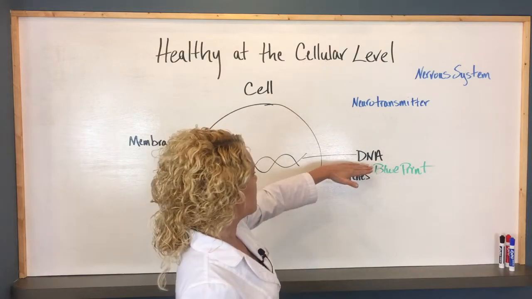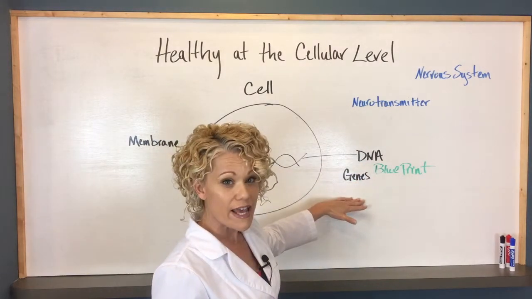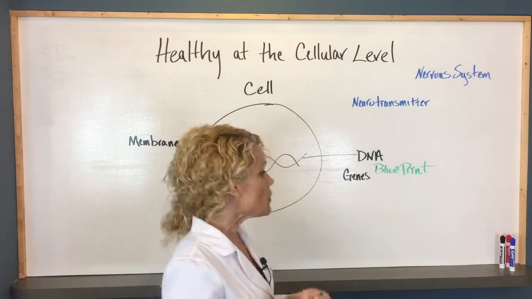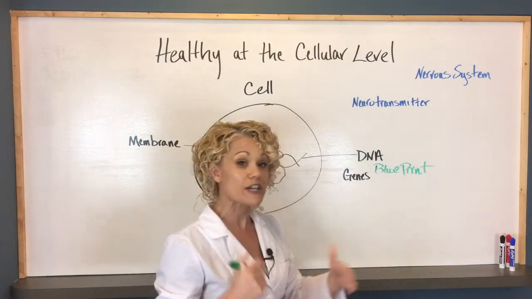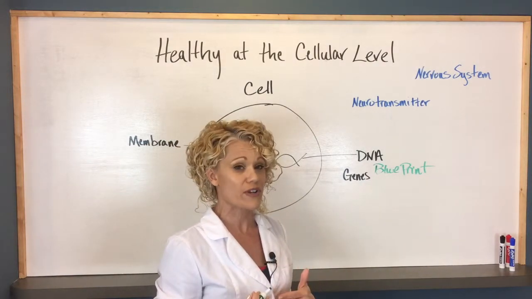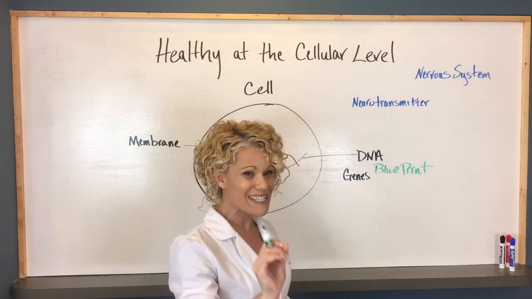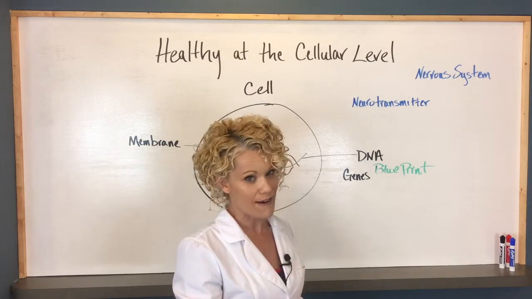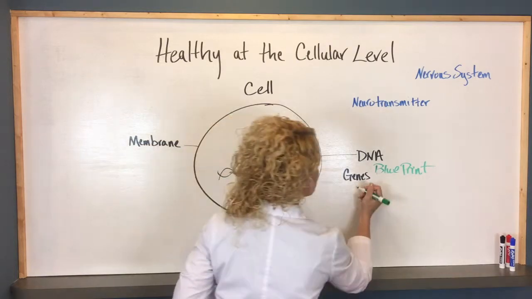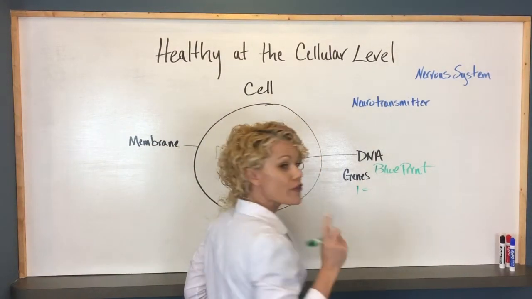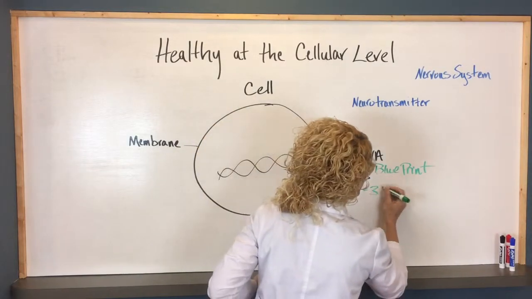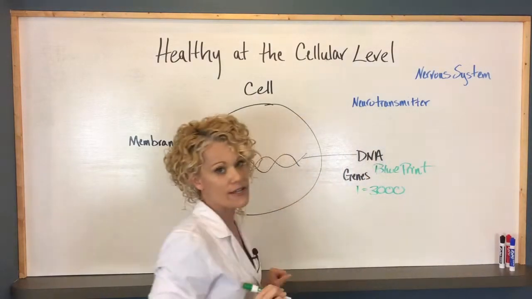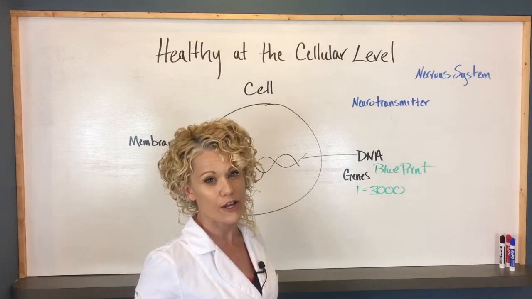Your DNA is made up of genes, and these genes do have the ability to either express or not express themselves. So while your DNA is fixed, the expression of it is not. And in fact, for every one gene you have, there are over 3,000 different ways that gene can express itself.